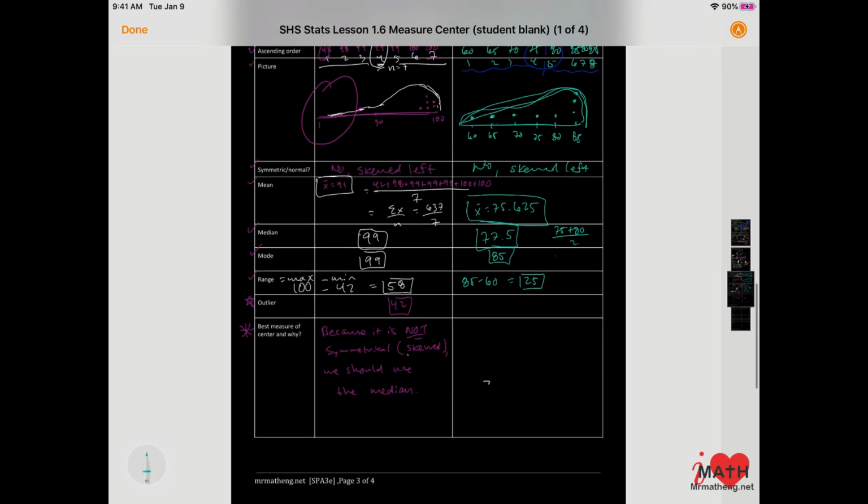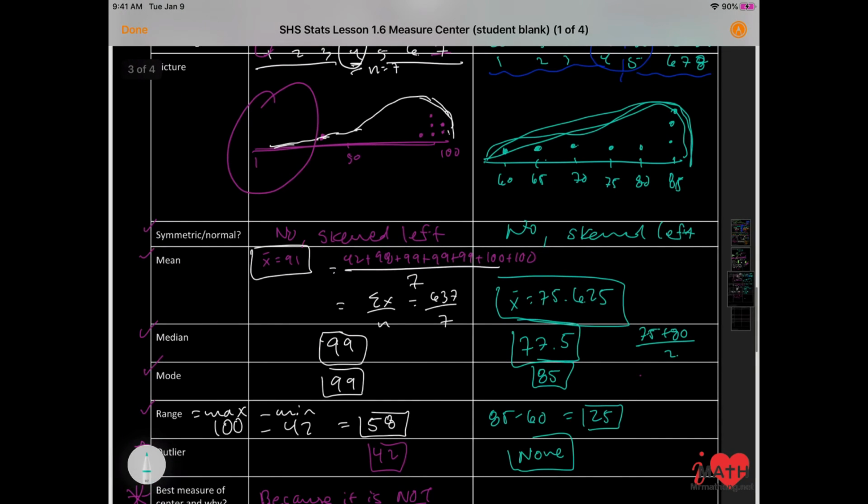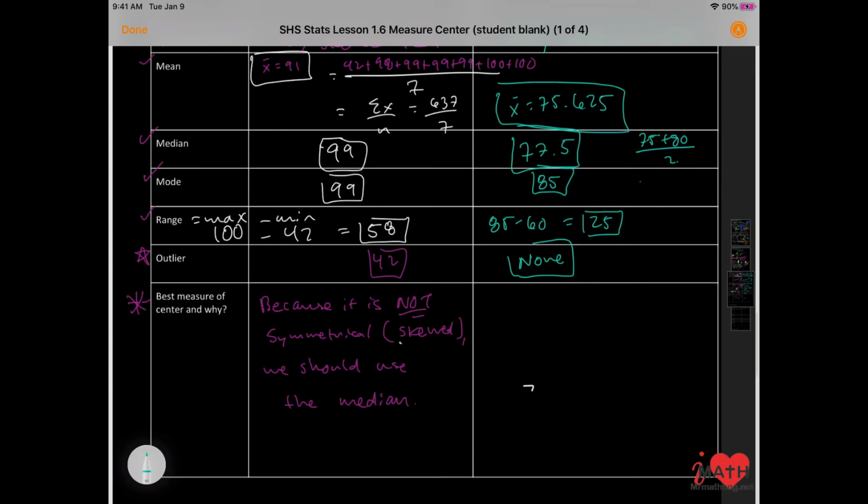And then any outliers? No, it doesn't look like there's any. Okay, so you can do that visually, right? There was no super far in numbers, extreme numbers. But I'd probably still use the median.